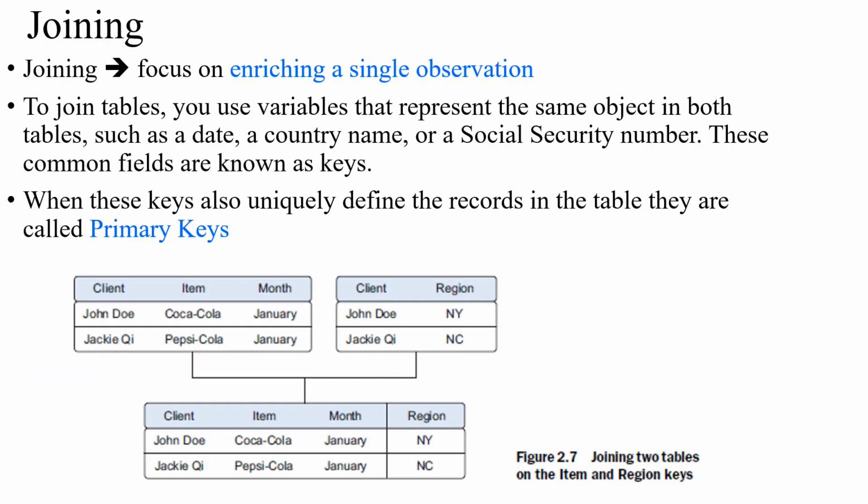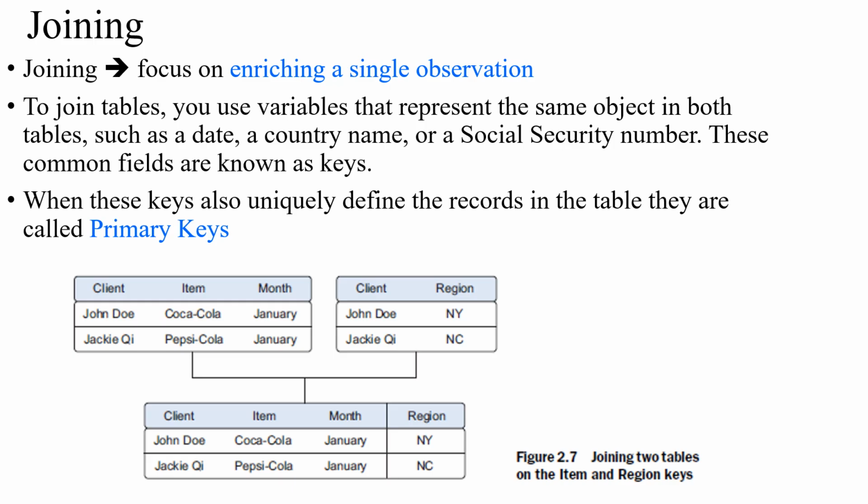And one more thing is joining. We have various joins like inner join, outer join, left join, and right join. We will see this in pandas in the upcoming classes. Joining is when you use variables that represent the same object. See here, client and item, month, client and region.